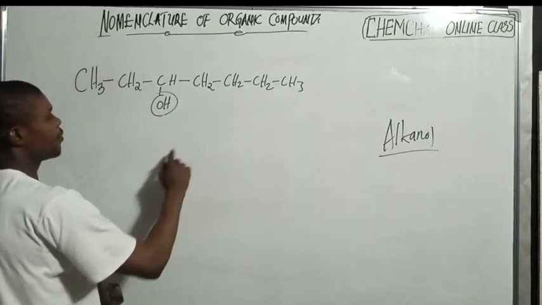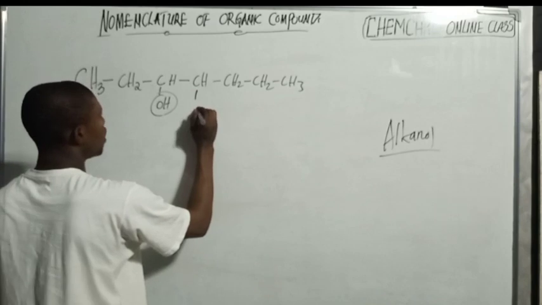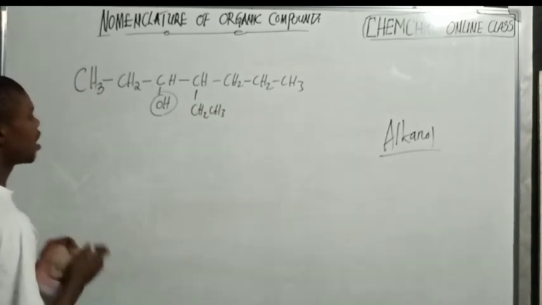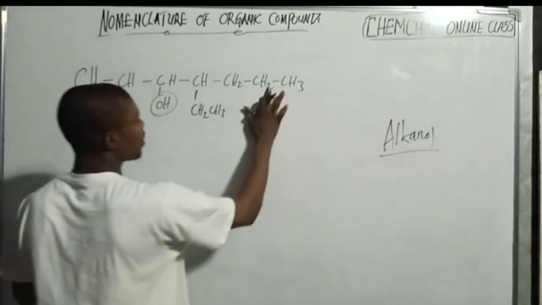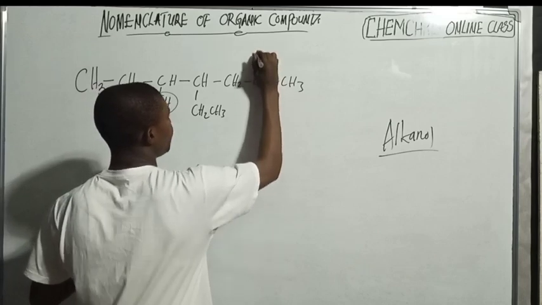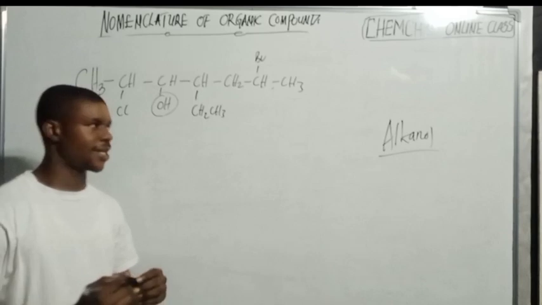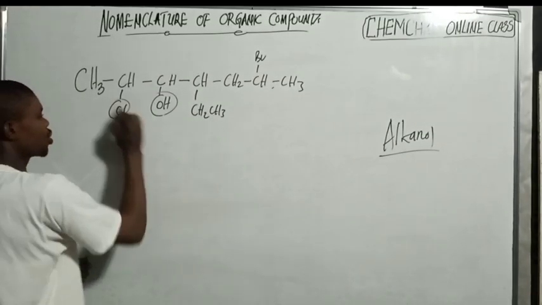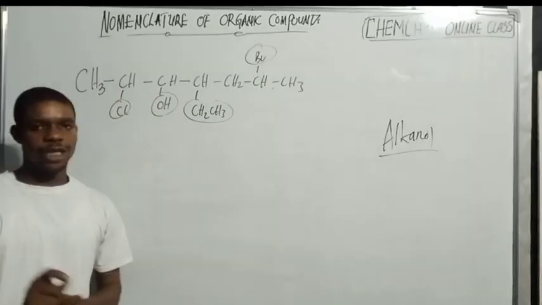So now let me remove something here. What about if you have something like this: CH2CH3, Cl, Br? How do you name it? Just a little adjustment here. Irrespective of the number of substituents I have, the carbon atom that carries the OH must have the lowest possible number.